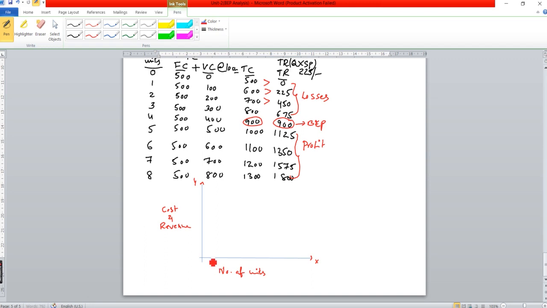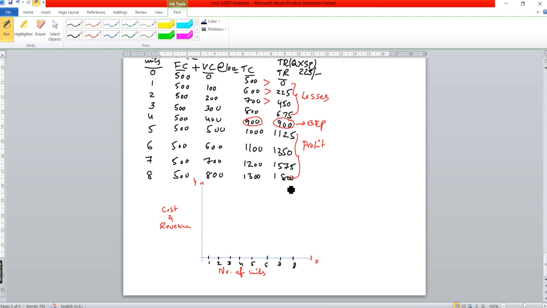You can take the interval as 2 units, 4 units, or else you can take directly 1 unit, 2 units, 3 units, 4 units, 5, 6, 7 and 8 units. Here we have to draw the total cost and total revenue lines.